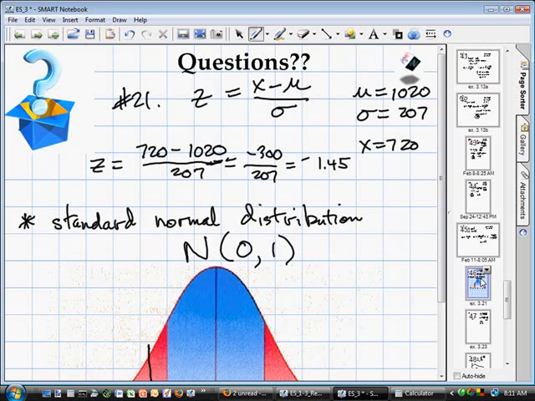Oh, 820 is when they become eligible. Between 720 and 820, they're kind of half eligible. They can practice, but they can't play. So what they're saying is, how many fit in this half eligible category? We have to find the people between 720 and 820.